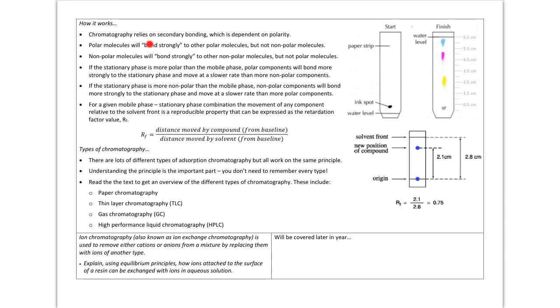So chromatography relies on secondary bonding, which is dependent on the polarity of the molecule. If you remember, polarity depends on whether things have polar bonds, i.e. there's a difference in electronegativity between the two atoms making up the bond, and also whether they are non-symmetric, because if a molecule is symmetric, all of the polar bonds would cancel out, so overall it would be non-polar.